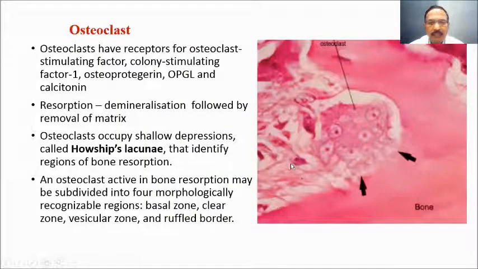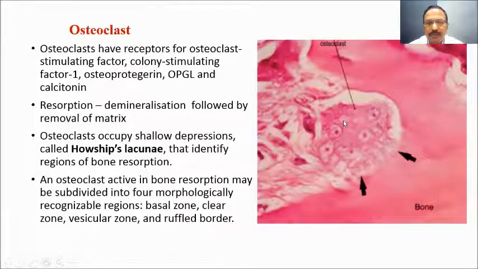Here you can see another slide, a real slide showing osteoclast, and in these osteoclast cells you can see the ruffled end, with a lot of euchromatic nuclei present with the nucleolus. If you see the cytoplasm, it can be described as having 4 zones in the area related to the bone, which are called the basal zone, clear zone, vesicular zone, and ruffled border.